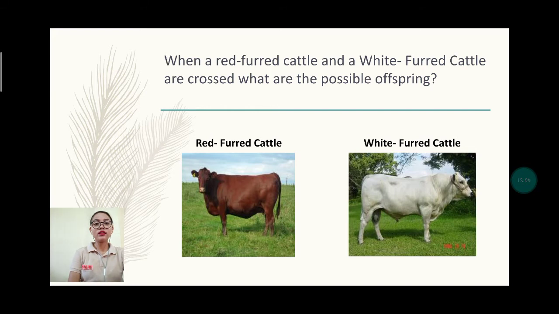Okay, take note, the organisms that we are going to breed are red-furred cattle and white-furred cattle. So same breed of cattle, but different colors.